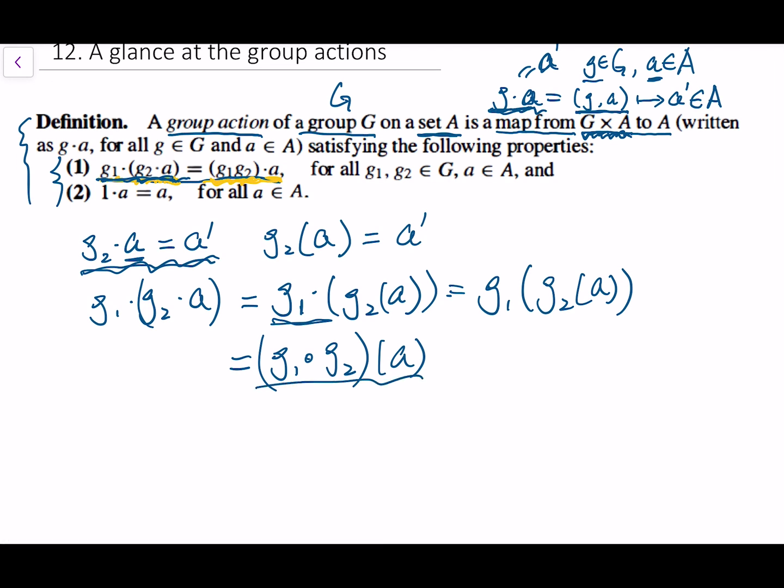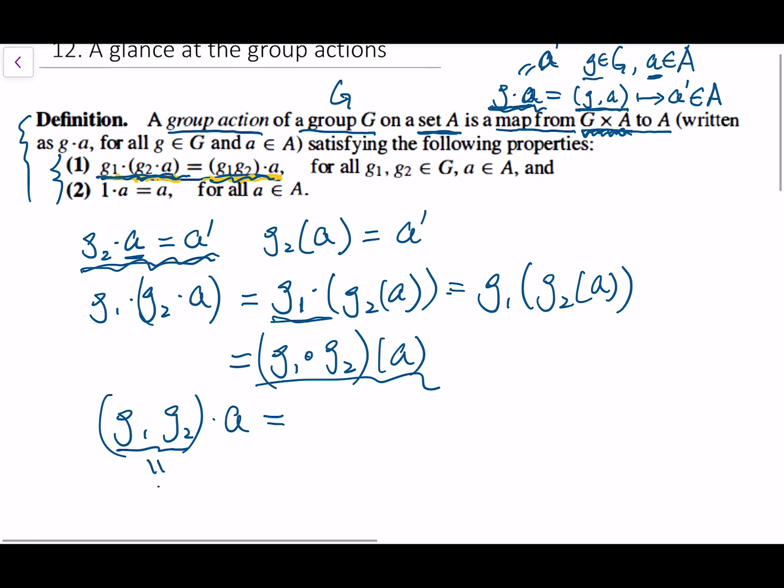So this is the left hand side, and the right hand side is g1 g2 acting on a. If g1 operated with g2 equals some group element g3 in the group G, then we get g3 acting on a, which is g3 a.